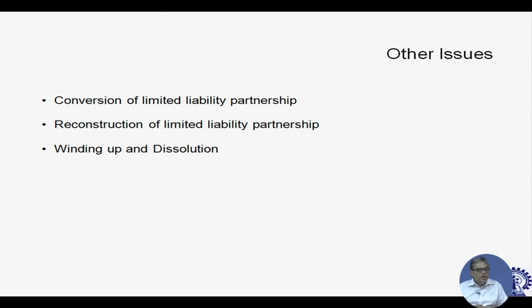The next important thing is that adequate provision has been made relating to restructuring of a limited liability partnership. A limited liability partnership can merge with another limited liability partnership. There can be a compromise, there can be an arrangement. Compromise is basically renegotiating the debt of the limited liability partnership.